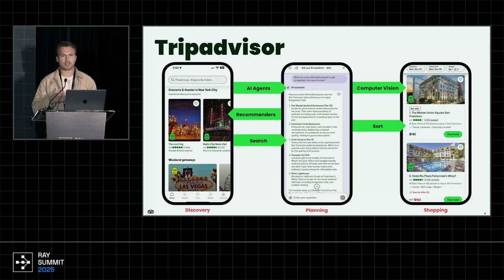And in order to provide the best possible user experience, we have AI and machine learning integrated across all of these surfaces. That includes things like real-time AI agents, recommender systems, search and information retrieval, computer vision models, and more.